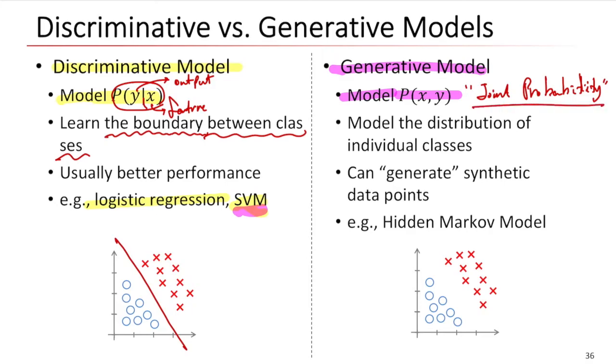What does the joint probability mean? This generative model is trying to model the distribution of the class. What does that mean? In this example, the generative model models the distribution of this class's samples and this class's samples.